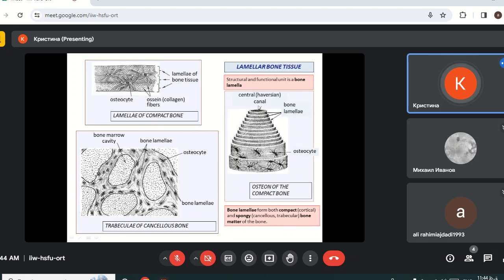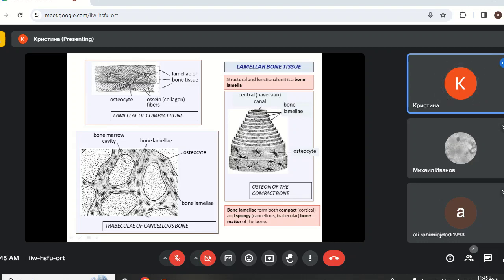They surround the central canal, inside which the blood vessels and nerves pass. As in any other place where we have lamellar bone tissue, here in the osteon we can see that in adjacent lamellae the collagen fibers go at 90 degrees to each other, and osteocytes are located just between the adjacent lamellae.